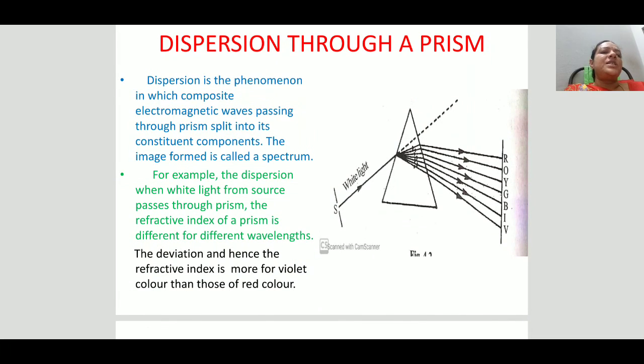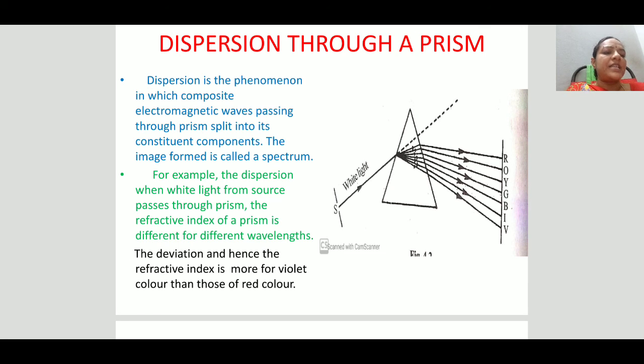Next, coming to dispersion, the splitting of white light into its 7 constituent colors is known as dispersion. This is known as a spectrum.